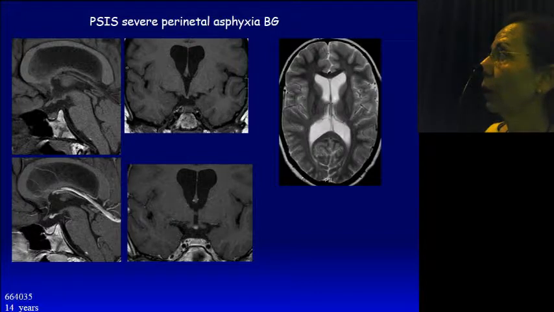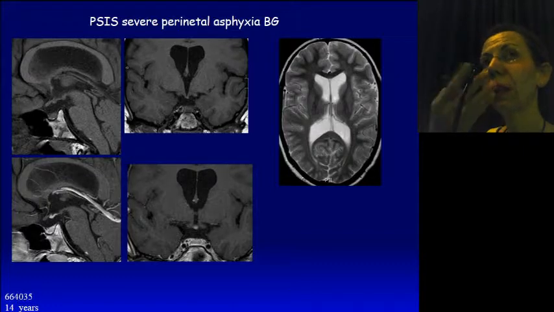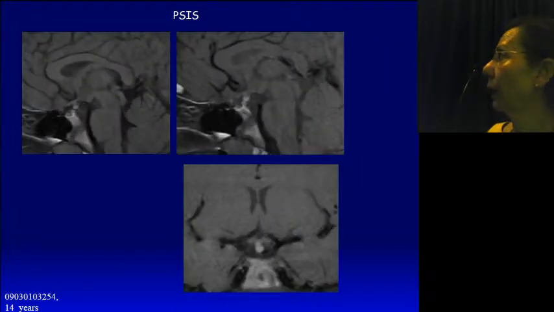And you see a dot at the level of the tuber cinereum appearing here also on coronal images, and you see that there is enhancement of this dot because this dot is an ectopic neurohypophysis, and this neurohypophysis is well vascularized by the superior hypophyseal artery. So this is a normal finding, and after contrast administration, you don't see the pituitary stalk. So the prognosis of this child in terms of recovering from his growth hormone deficiency, even with replacement therapy, is not very good compared to children with a hypoplastic or normal pituitary stalk.